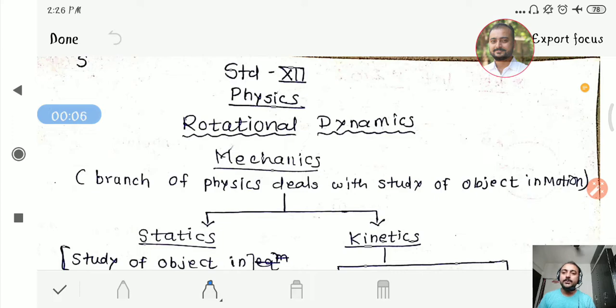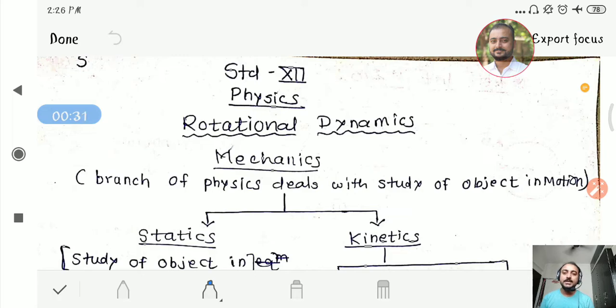We are going to discuss here the chapter of physics of standard 12th, rotational dynamics. So first, to understand rotational dynamics, we have to discuss what dynamics is. The word dynamics comes from mechanics.